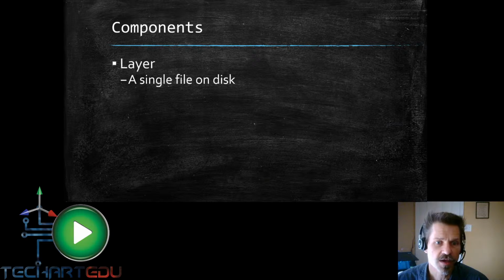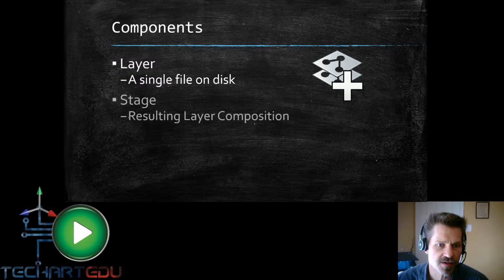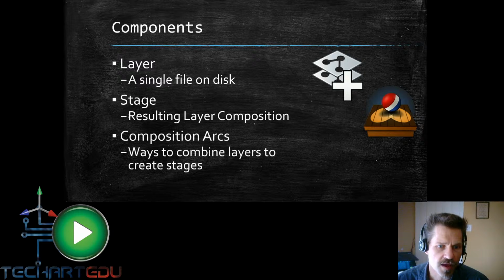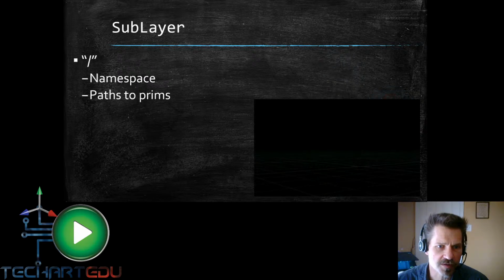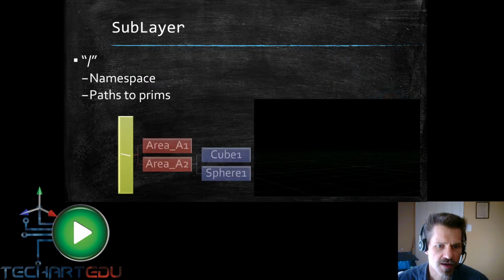Now, some of the components of a USD file: a layer, which is basically a single file on disk, and a stage, which is the resulting layer composition of that. And there are a lot of different ways of putting that together. I don't really have enough time to go through all these composition arcs, but one of the big ones is a sublayer. A sublayer allows you to put things together under one big namespace.